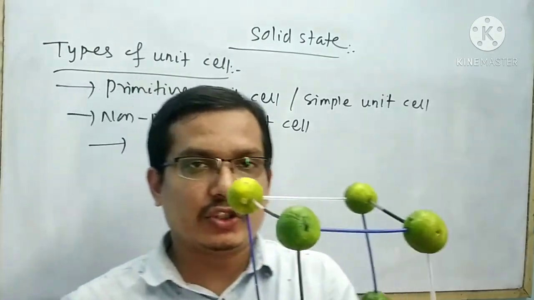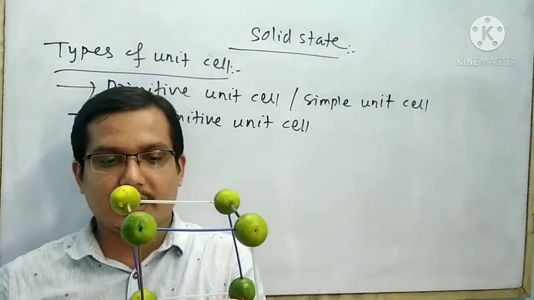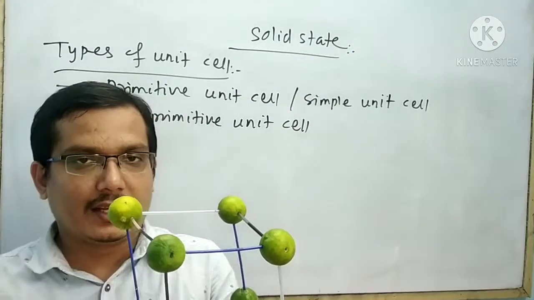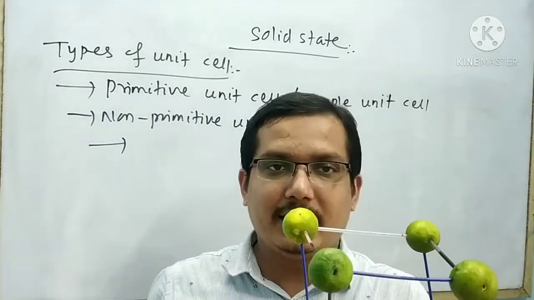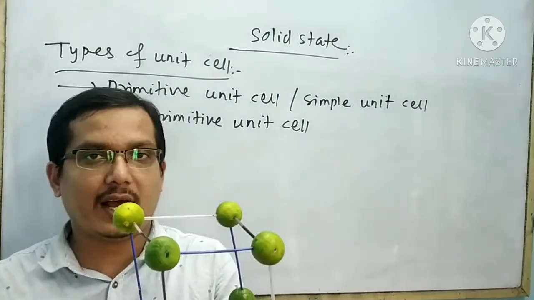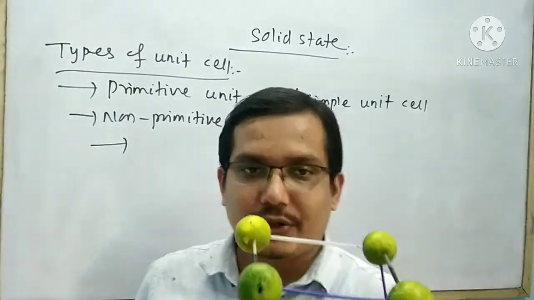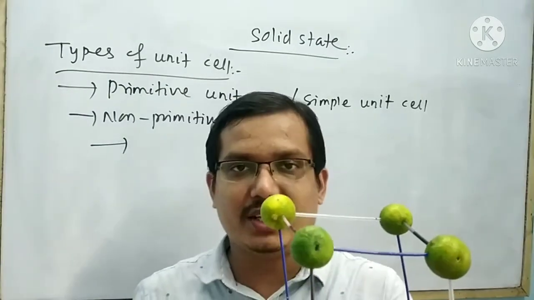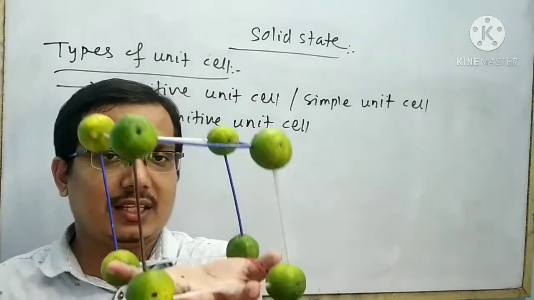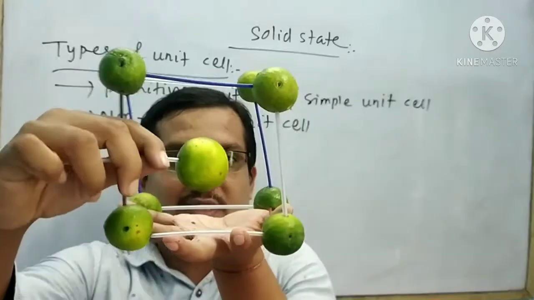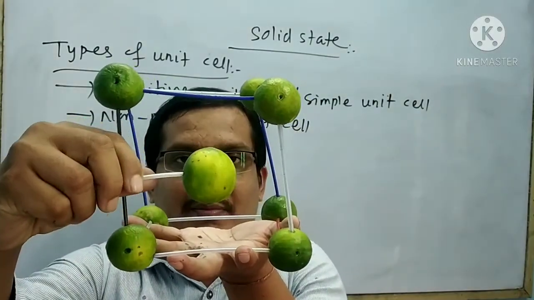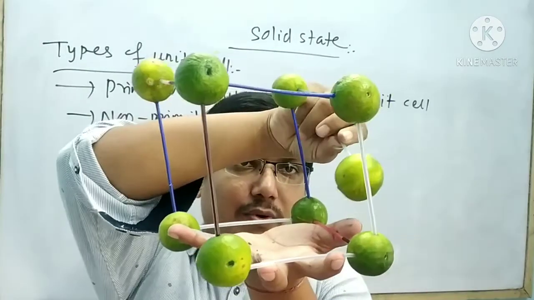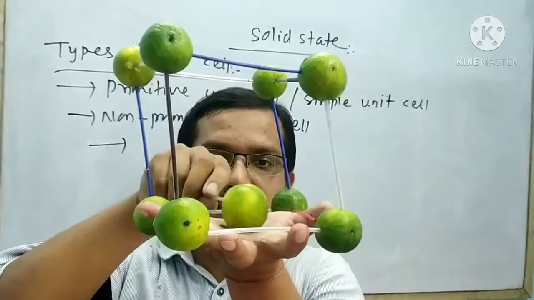If 6 constituent particles are present at the centers of the 6 faces, along with the 8 constituent particles present at the corners, then the unit cell is said to be a face-centered cubic unit cell. That means the structure looks like this. Here one constituent particle is present, here second, third, fourth, fifth, sixth.